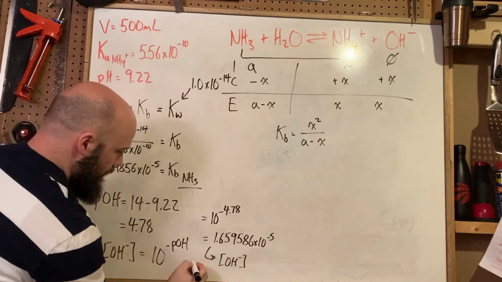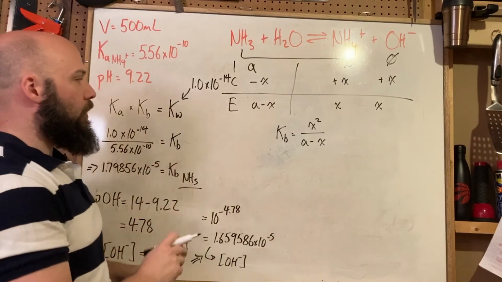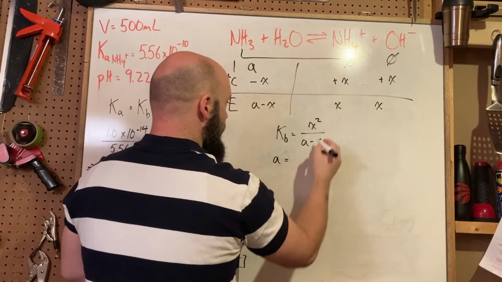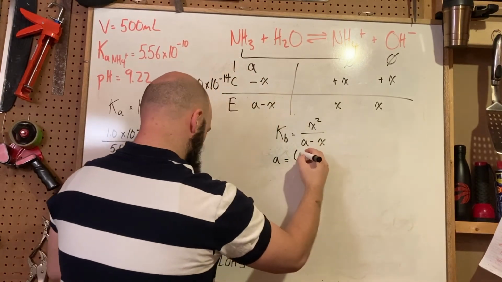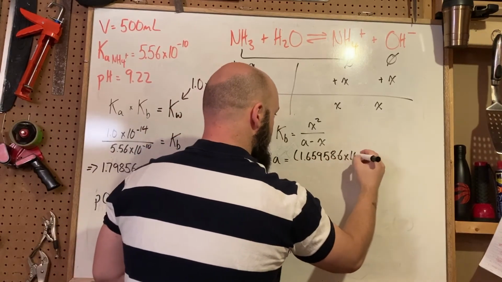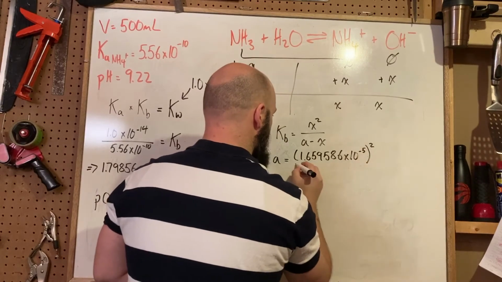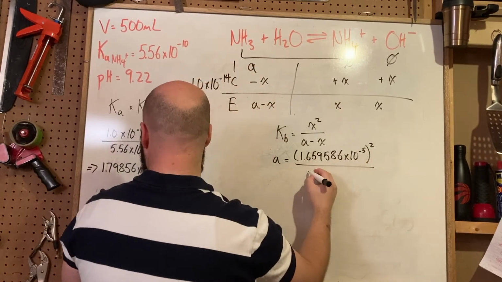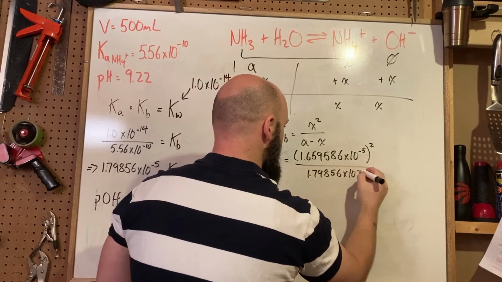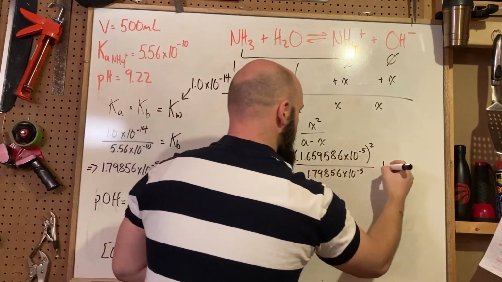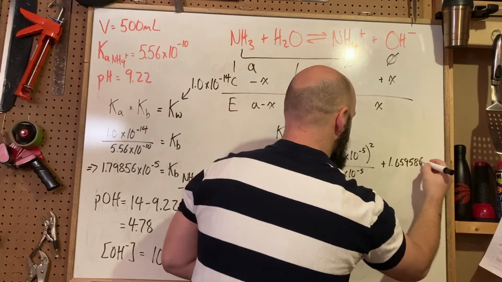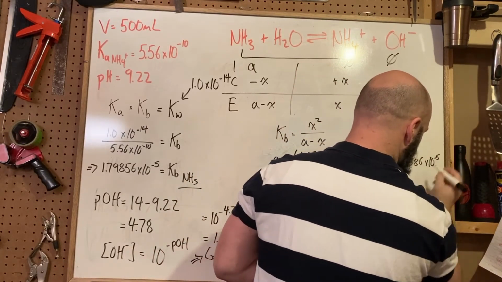So these two values can be plugged into this formula to solve for A. Rearranging it, you would have A equals X, 1.659586 times 10 to the negative 5 squared over your Kb, 1.79856 times 10 to the negative 5, plus X, so 1.65956 times 10 to the negative 5.